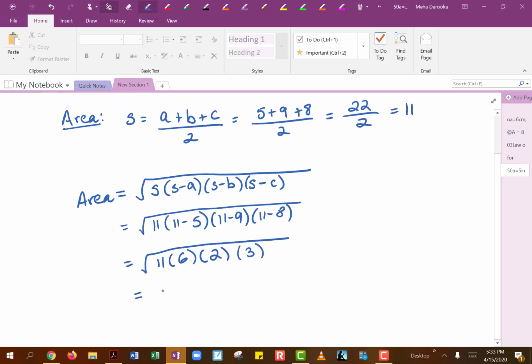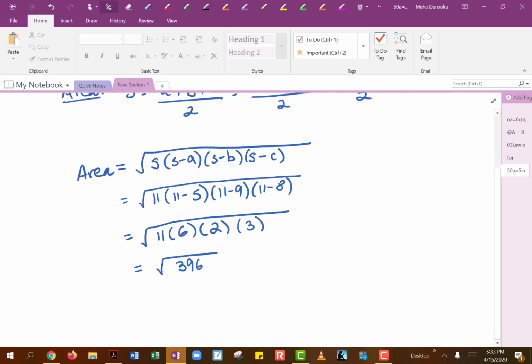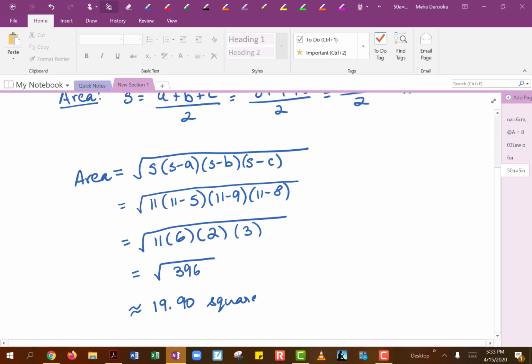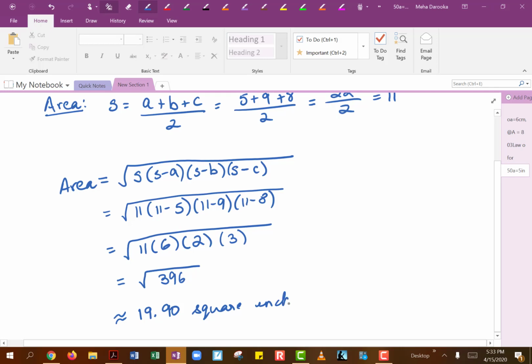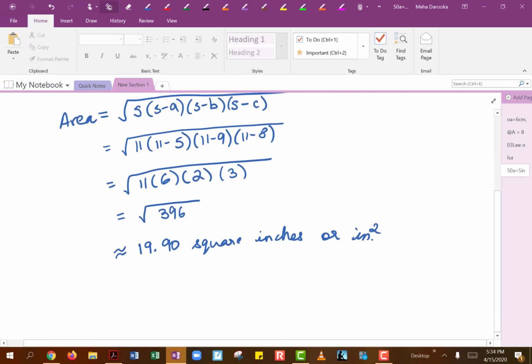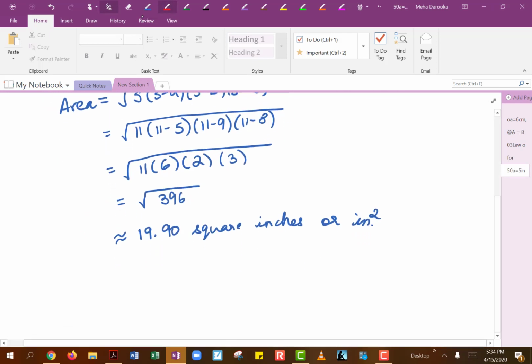If we multiply everything inside the radical, 11 times 6 times 2 times 3, that comes out to be 396. Then you take the square root of that, and we get approximately, rounding to 2 decimal places, 19.90, and this will be square inches. You can write it as square inches, or as an abbreviation like this. So this is going to be our area for this triangle.